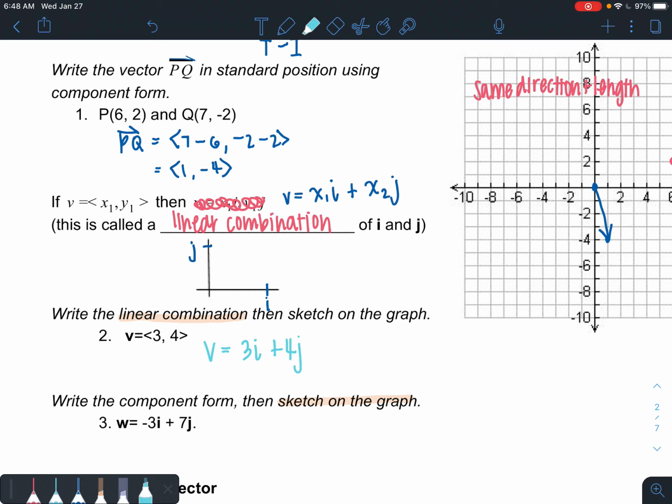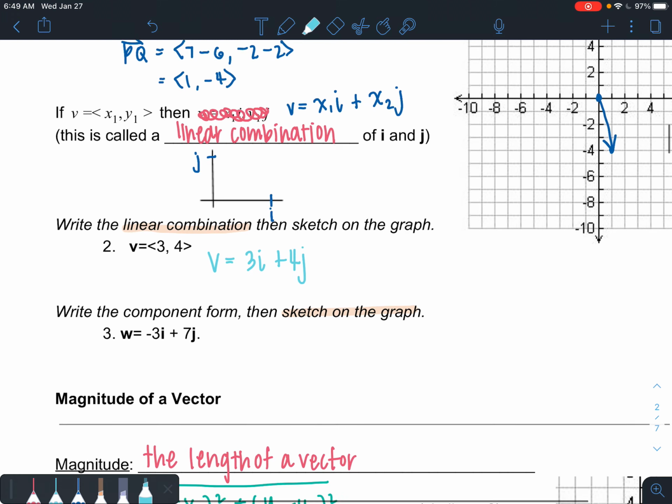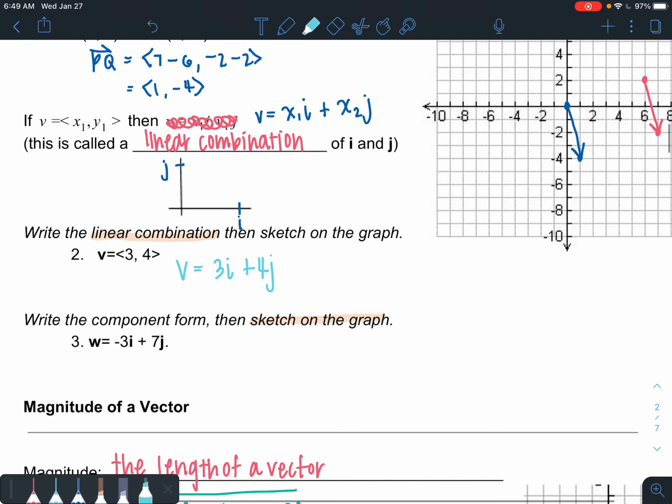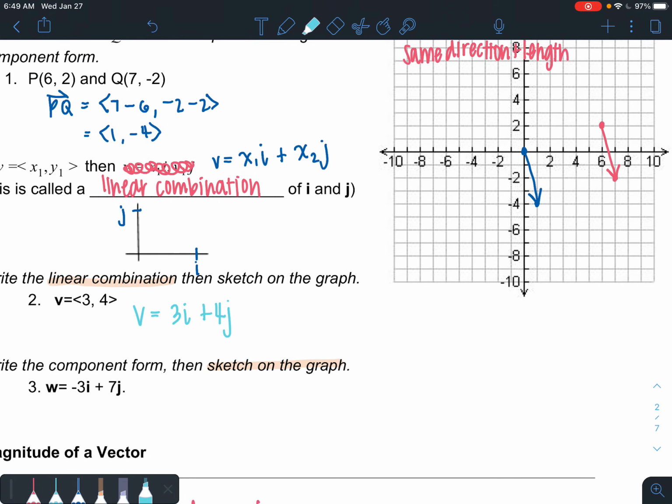And I do like to make that i curly, that way I can differentiate it from the number 1. All right, so I guess we'll graph that in blue. So we've got 3, 4. So we graph that. Looks like that.